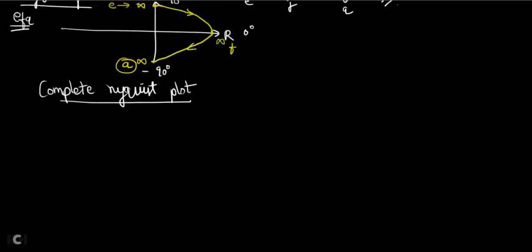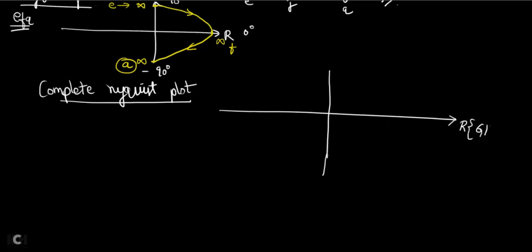For this complete Nyquist plot, I will take this as a real axis, real part of G into H. This is my imaginary part of G into H. And what is this plane called as? This plane is called as G into H plane.